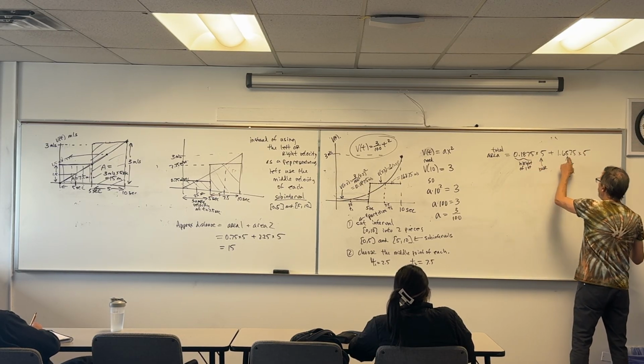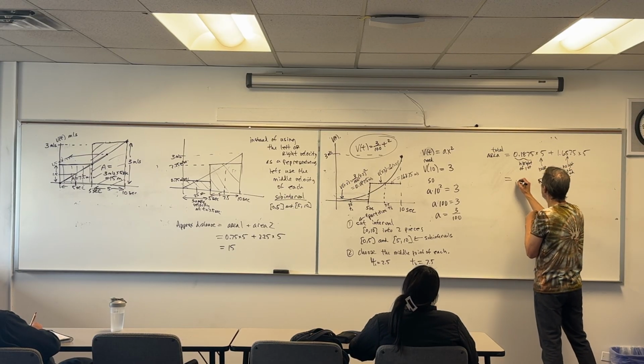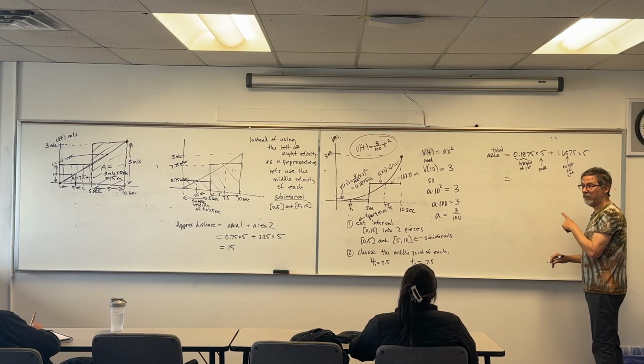You could just add these two numbers together and multiply by 5, the decimal numbers, but I will need help because I can't do any of that in my head.